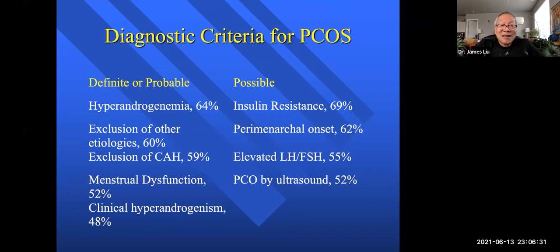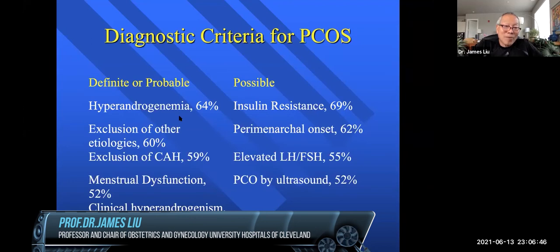And so diagnostic criteria, what we find is if we do the assays, high androgen levels, not in the male range, but certainly above the premenopausal female range.